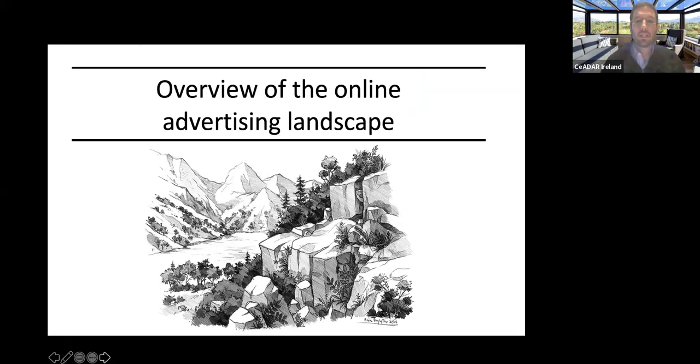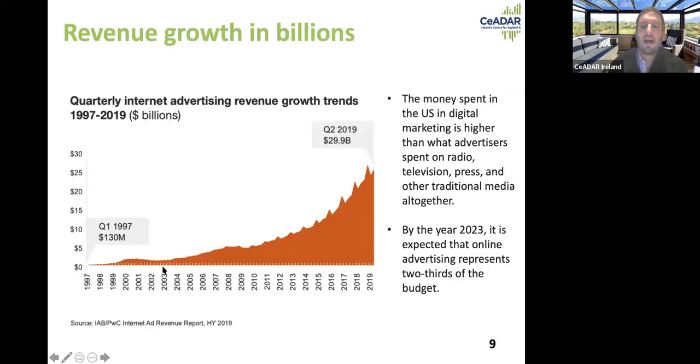So now we're going to see a small overview of the online advertising landscape. Now you can see how online advertising has grown in the last 20 years. Here we have from 1997 to 2019.